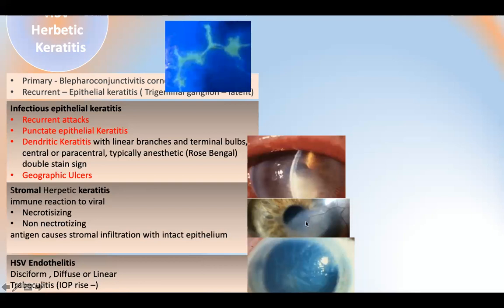No intact epithelium. In case of endotheliitis, disciform, diffuse, or linear, and it will be associated with trabeculitis and high intraocular pressure.